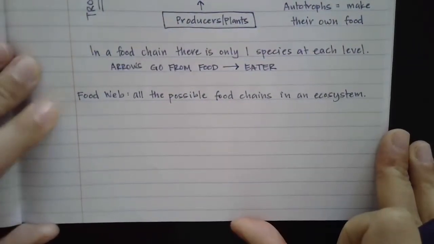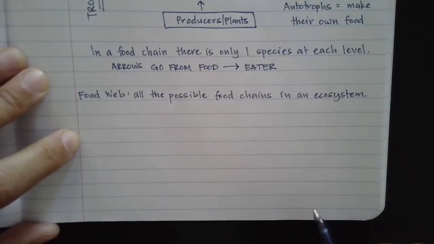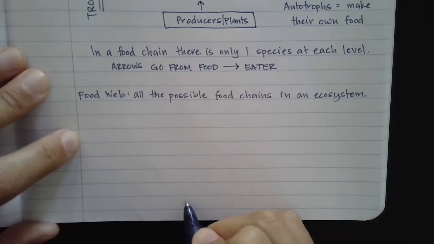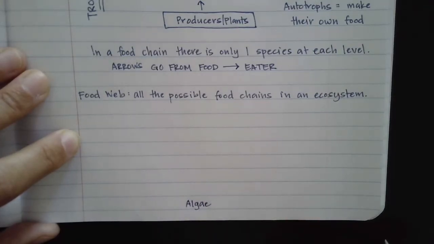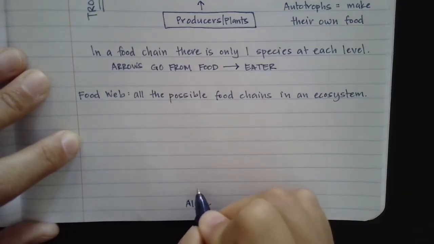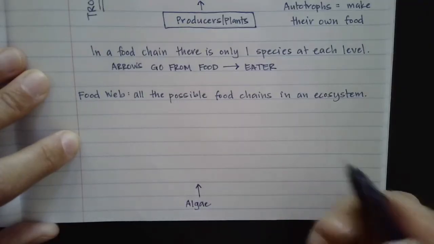So when we're making a food web, it often gets pretty messy pretty quickly. I'm just going to draw a basic one. So at the bottom of my food web, I'm going to put algae. And algae are single-celled plants. They make their own food. They're autotrophs.